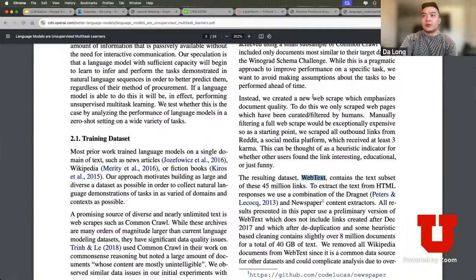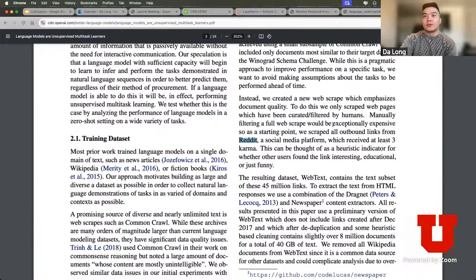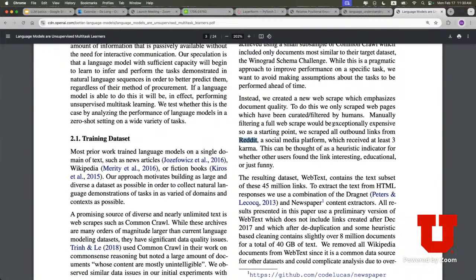They created a new web scrape, and they emphasize document quality. They have it filtered by humans. Oh, from Reddit. Do they add some human labels? I think it's just that if a post has at least 3 karma on Reddit, maybe 3 thumbs up, it means a good response.